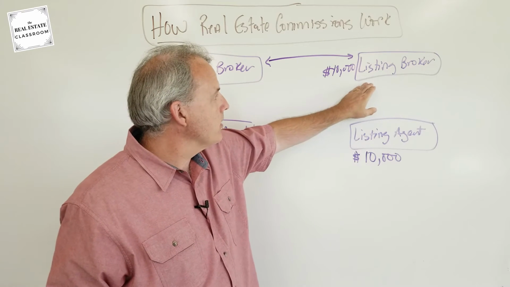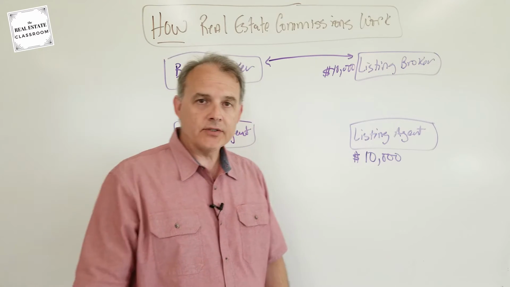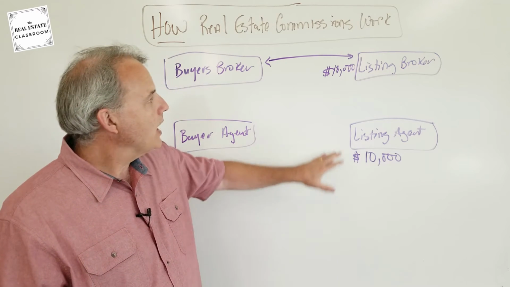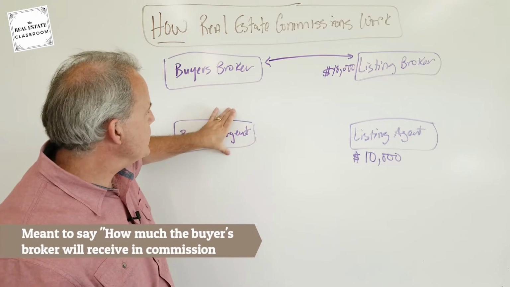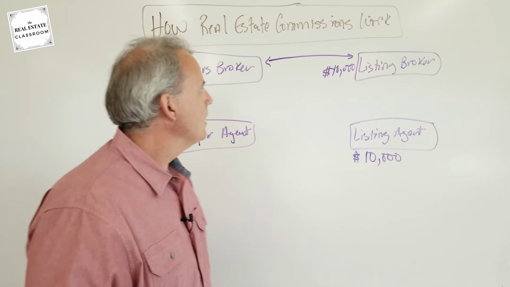So this listing broker, for example, is going to advertise on the multiple listing service how much the buyer's agent is going to receive of that $10,000.